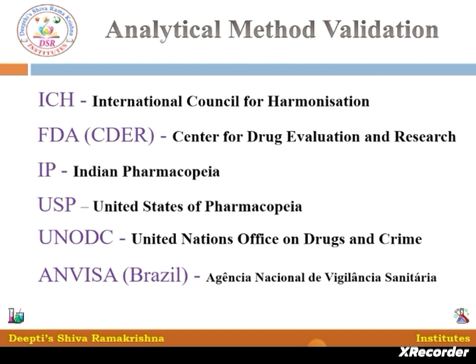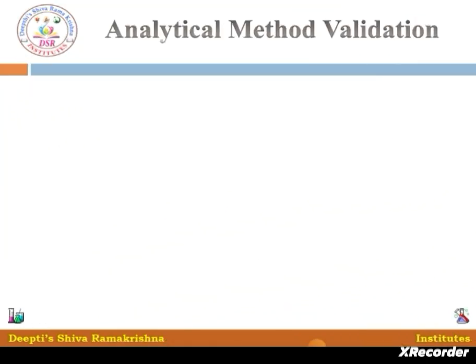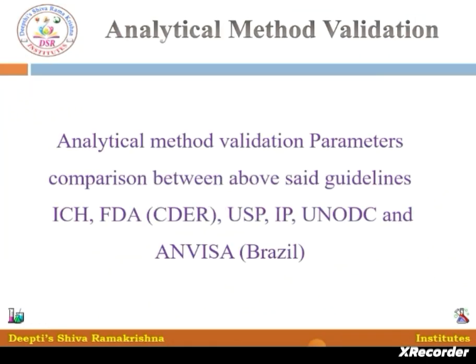These guidelines are available to prepare our SOP. So, let us check what parameters are available in the guidelines. Analytical method validation parameters: comparison between the above said guidelines.